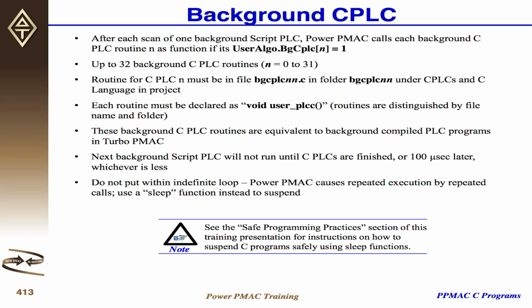And you have to declare each routine as void user underscore PLCC. So you distinguish the different PLCs not by the function name, but by the file name and the folder wherein it exists. That's why when you add a new CPLC project, it'll create a new folder for you, because it has to.